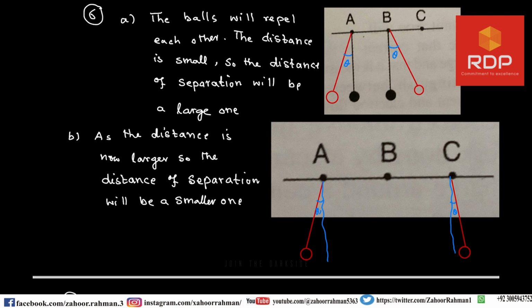Why? Because the distance is now longer, so the distance of separation will be smaller. In both cases they will repel each other, but in the first case they will repel each other with a larger distance, and in the second case with a smaller distance.